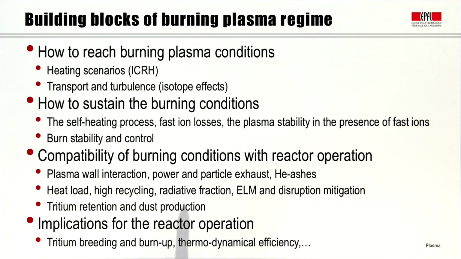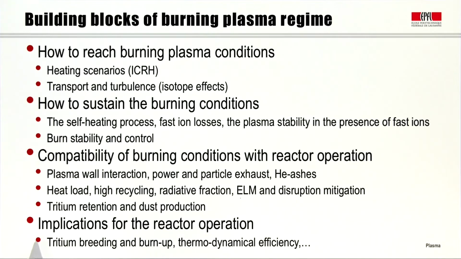operating with a large fraction of power that is radiated out from the plasma, how we can mitigate disruptions and other violent events at the plasma edge, such as the edge localized modes that we have investigated briefly in a previous lecture. We have to worry about the retention of tritium in the walls and avoid or limit the production of dust.